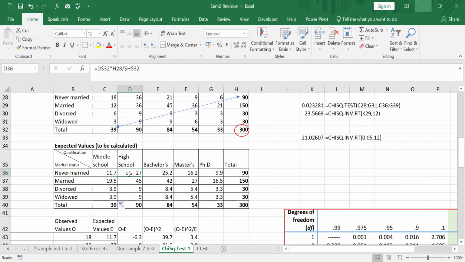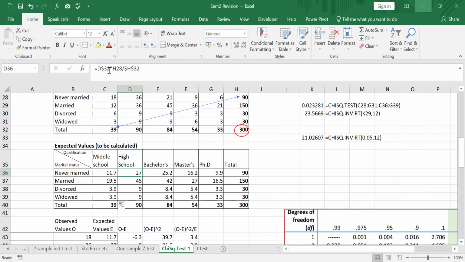So for this, maybe you can do it once. What is this? This is nothing but $32, which is here, multiplied by H28, H28 divided by 300.